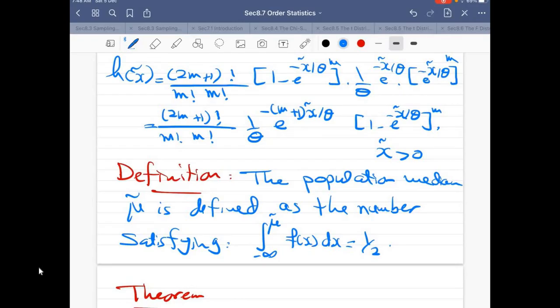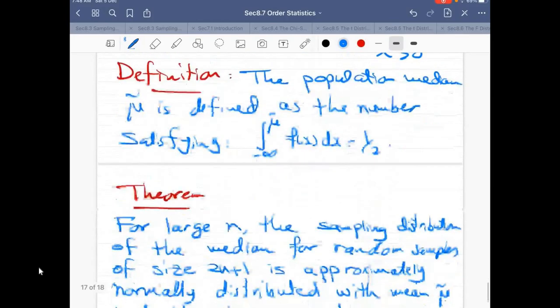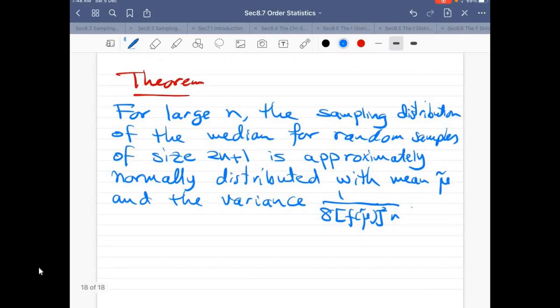That is, 50% of the area of the population is to the left of the population median. Okay. In case the population is normal, the mean is equal to the median.